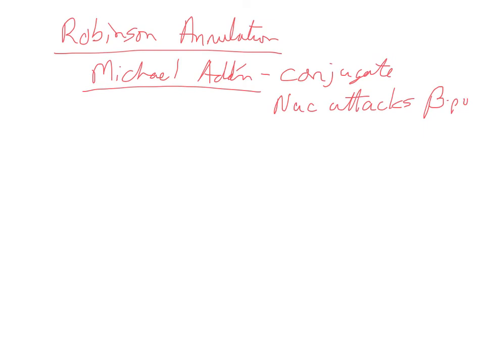So there are three ways to say the same thing: conjugate addition, Michael addition, attack the beta carbon. If they tell you to do that, you just do that. You don't worry about the nucleophiles. In this case, they're showing us this as a final product.